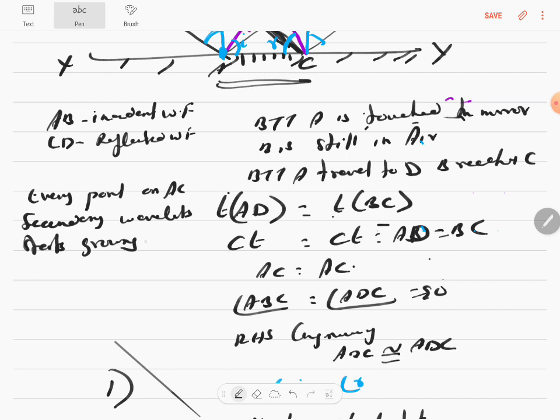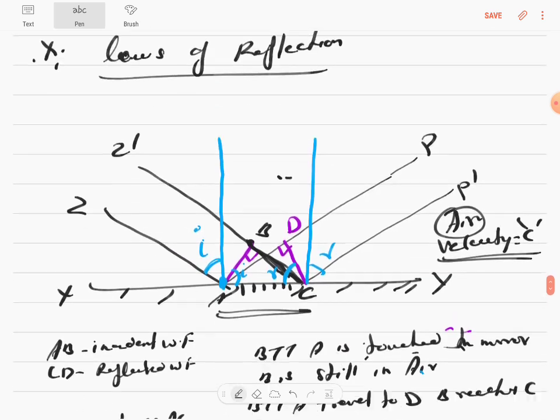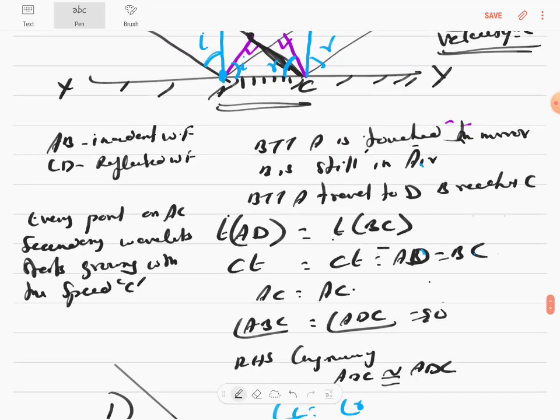By the time A reaches, the disturbance from A would have traveled to D, and B would have only touched C, and all those points. So this explanation is enough to prove the laws of reflection.